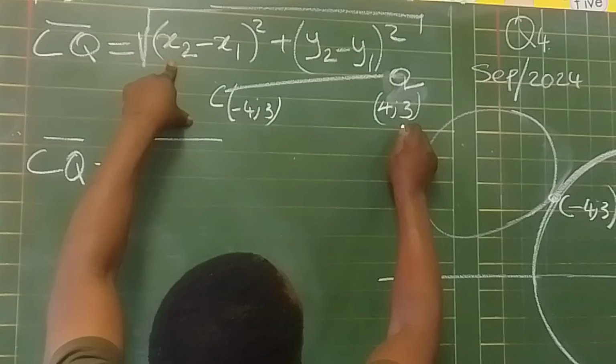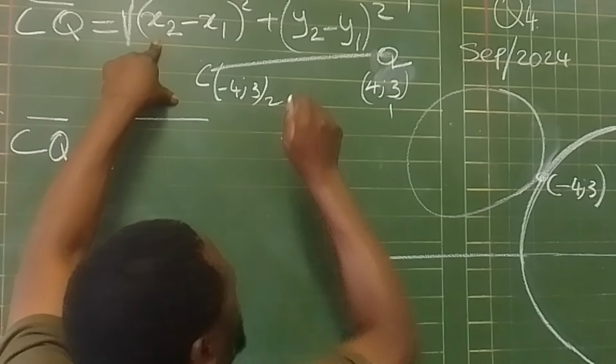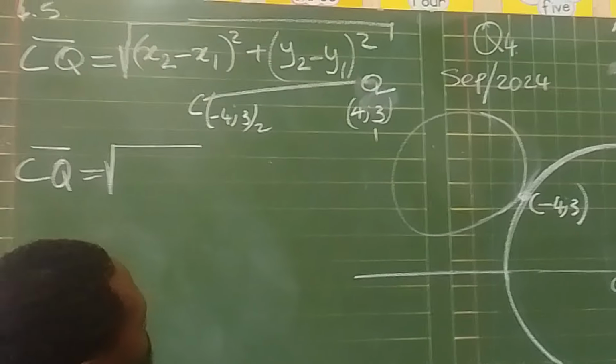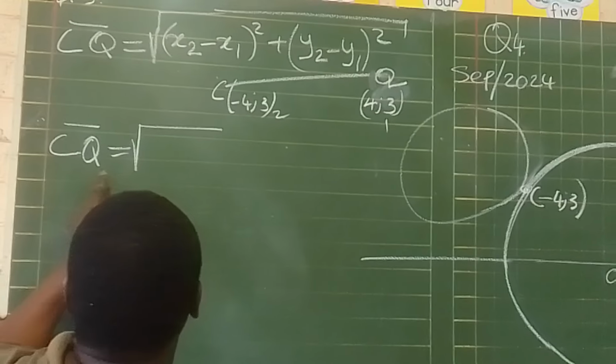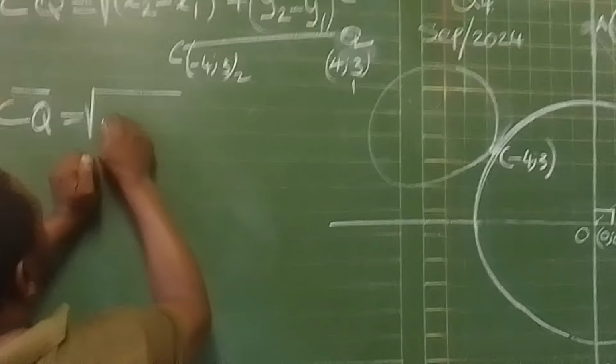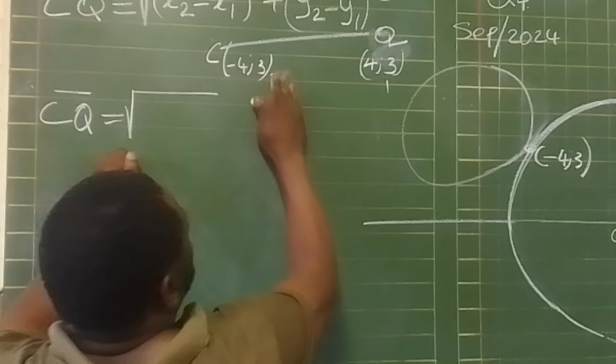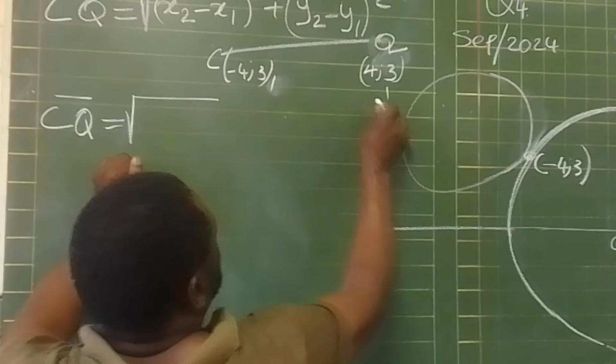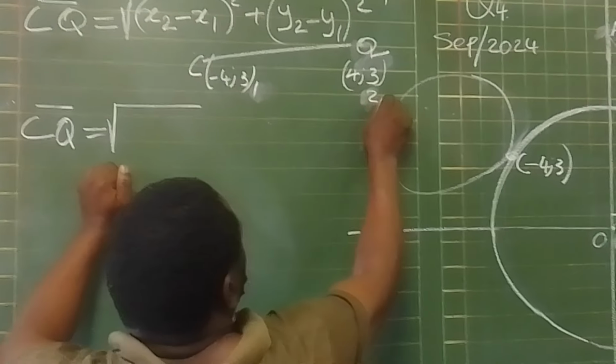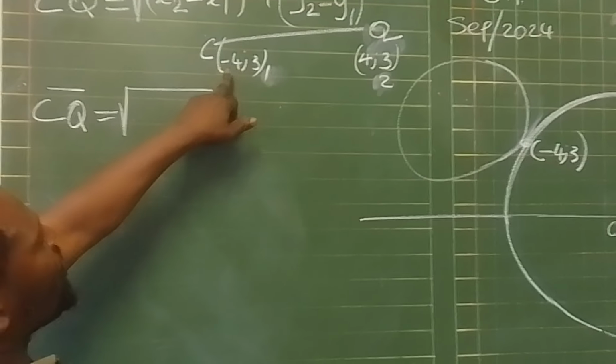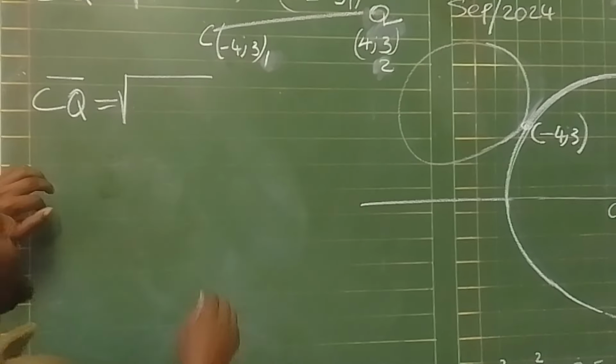Let's say this is 1 and this is 2. It does not matter which one you call 1 and which one you call 2. I avoided having this negative twice.